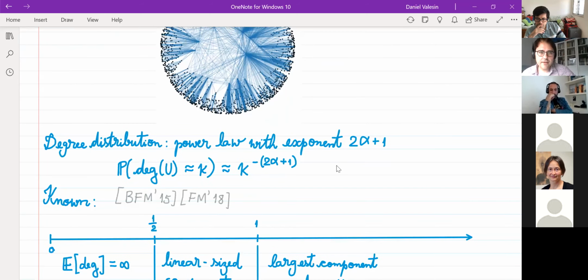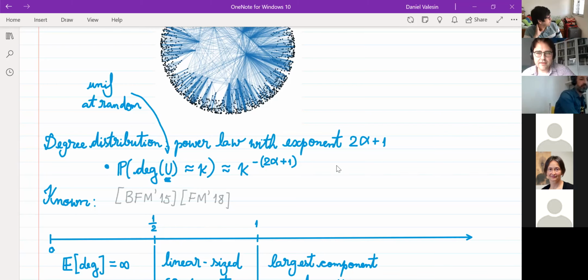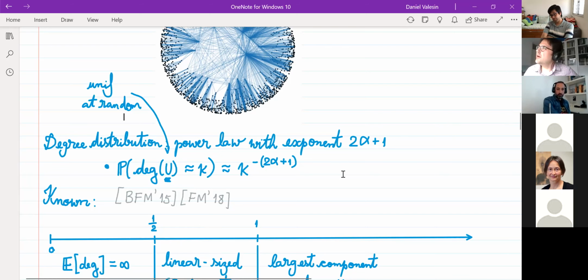So if you take a vertex u uniformly at random, and you look at the probability that its degree is around k, that probability will be, modulo constants, about k to the power minus (2 alpha plus 1). I think this result was already proved in the paper that introduced the model, but I could be wrong there.